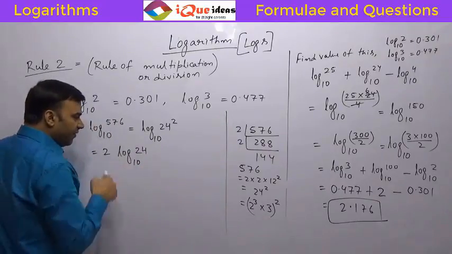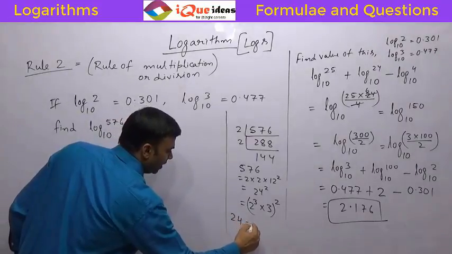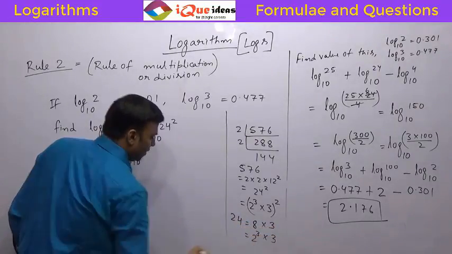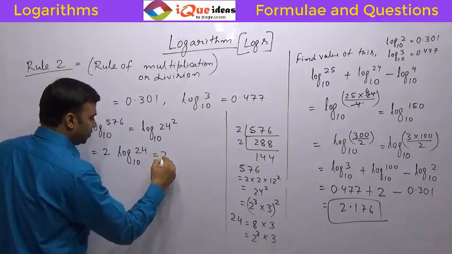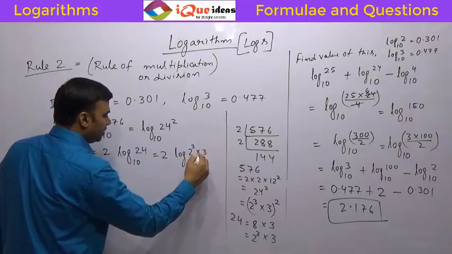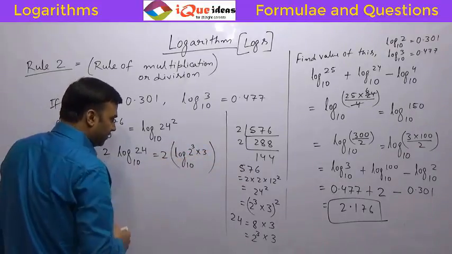Right? Now this 24 is 2 cube into 3. 24 is 8 into 3, which is eventually 2 cube into 3. So what we can do here is write it as 2 log of 2 cube into 3 to the base 10. So this 2 is completely outside, and inside we have these things.